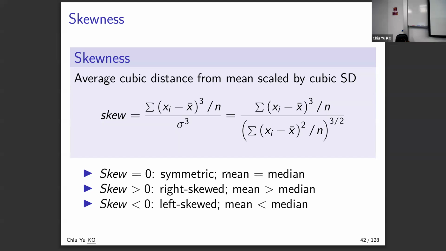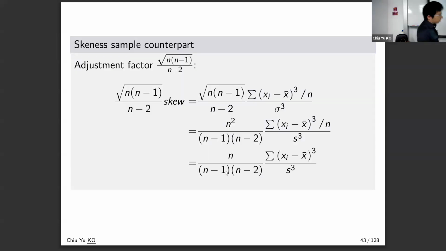Now we know this formula. You may ask, how do we do it with data? As we saw with standard deviation or variance, the sample version is different. It turns out this is rather complicated. To estimate this, you take an adjustment factor, which is not n over n minus 1, it's a very complicated thing.